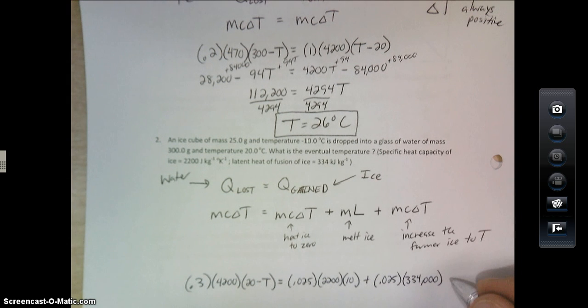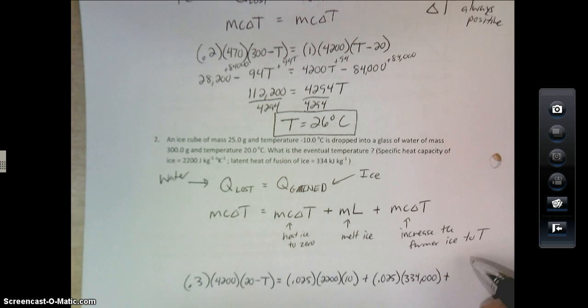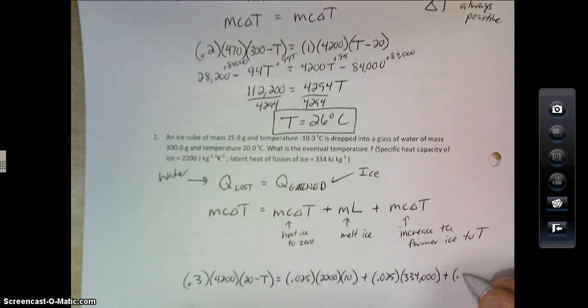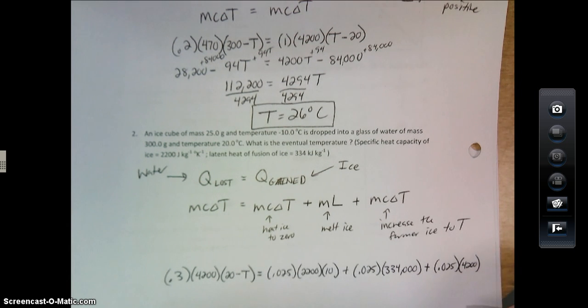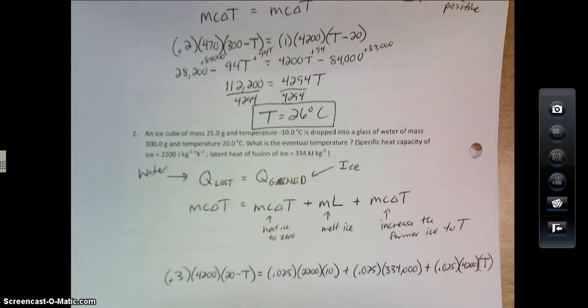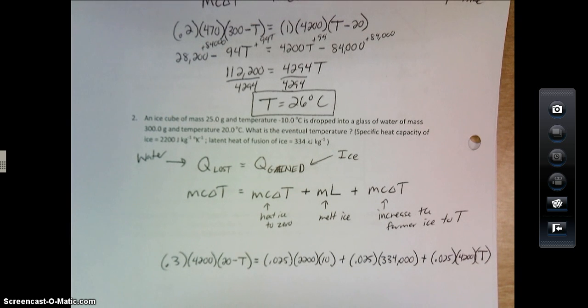And then we're also going to have to increase its temperature once it's actually liquid, which means it's going to be water. So I'm using the specific heat of water, and its change in temperature will be from 0 to whatever temperature it's at, so I can just leave that as T. And now, again, it just becomes an algebra problem.